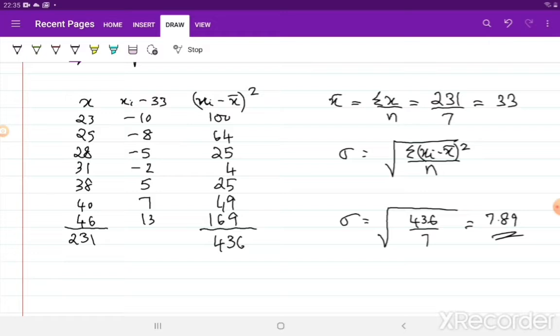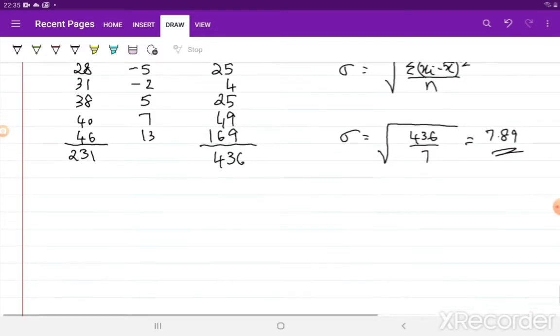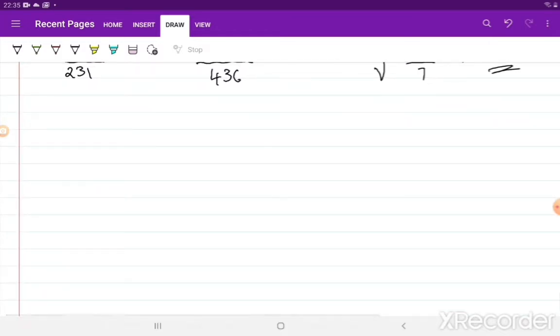Now, point to be noted is you have a simpler version of the same formula. It is called the simplified formula.